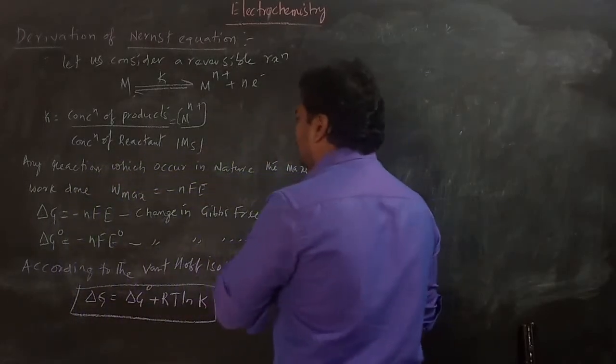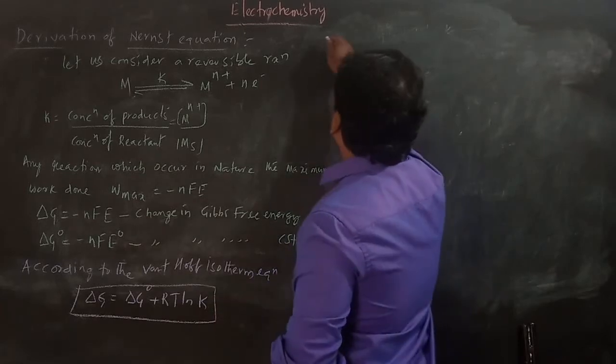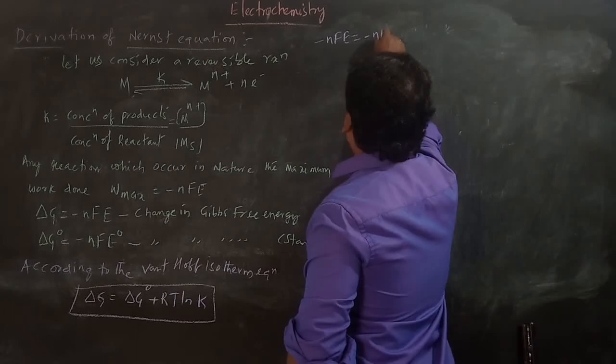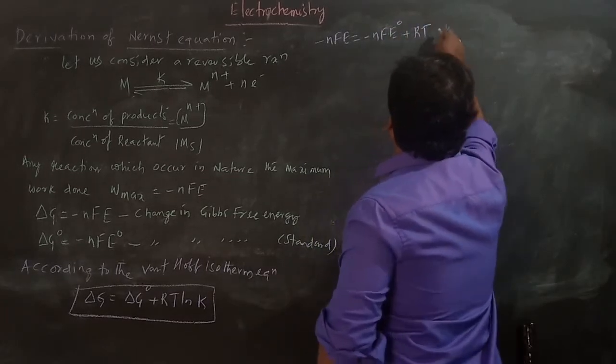We will substitute the delta G value and delta G naught value in this equation. So minus nFE is equal to minus nFE naught plus RT ln K.